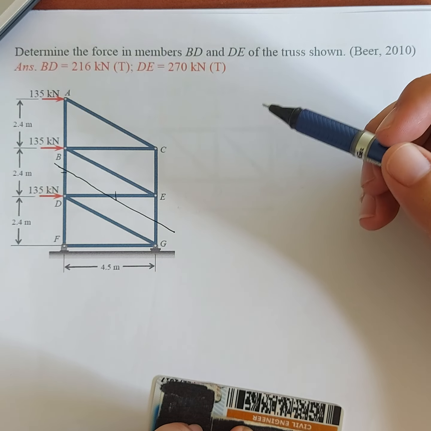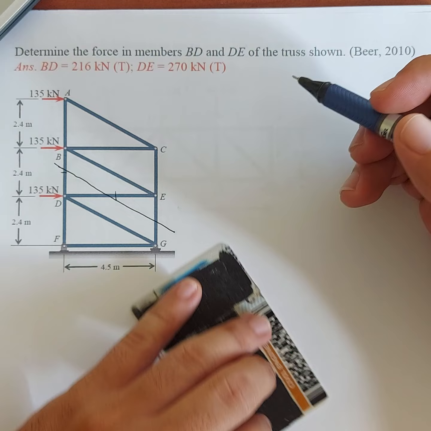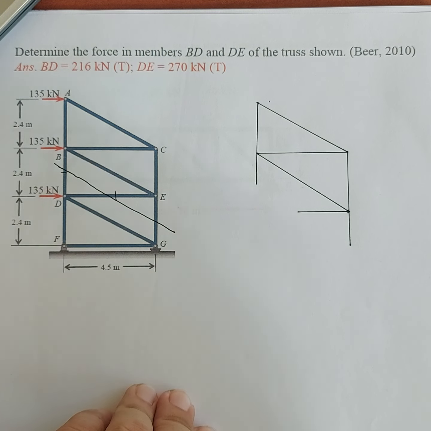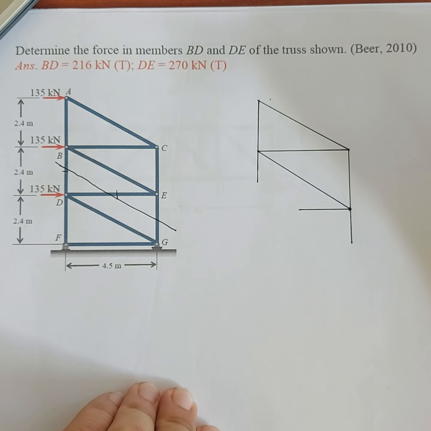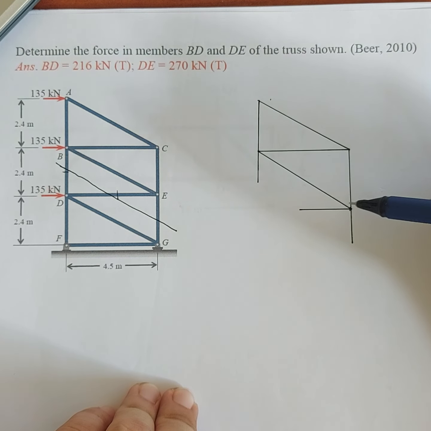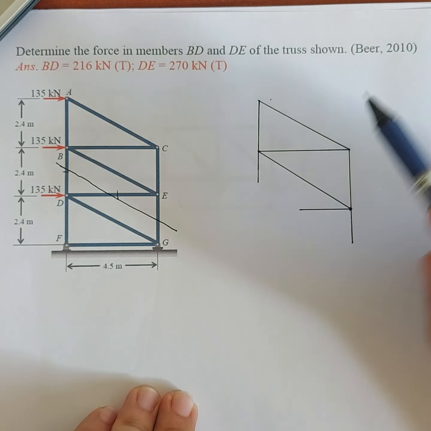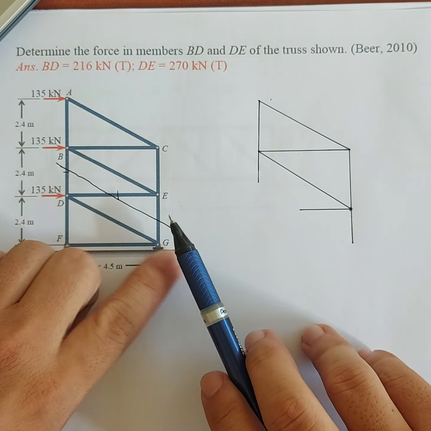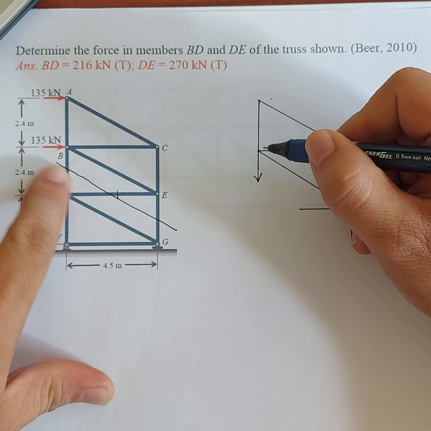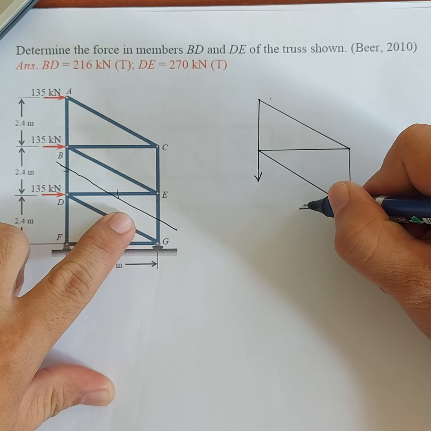Okay, so let's draw the free body diagram for the upper section. So free body diagram. Anyway, ito na. Okay. Kinat natin siya dito. And of course, i-assume ulit natin na tension ito. Ito, tension din.